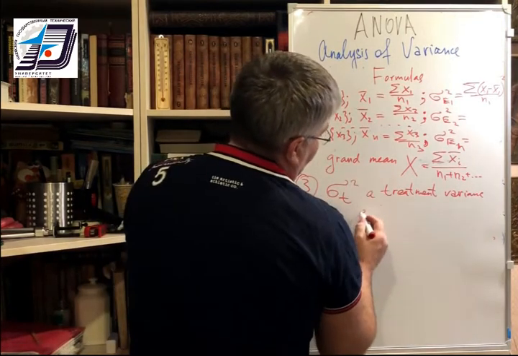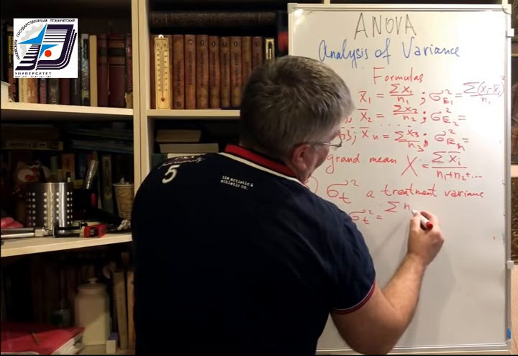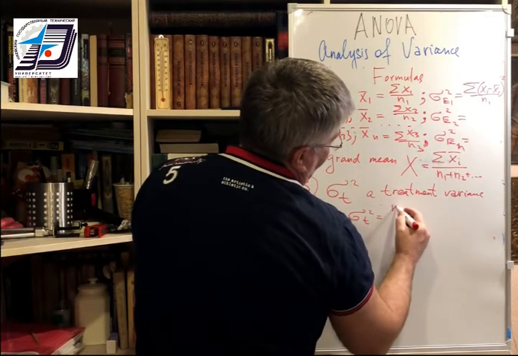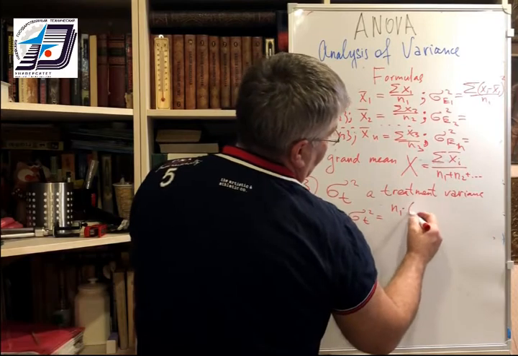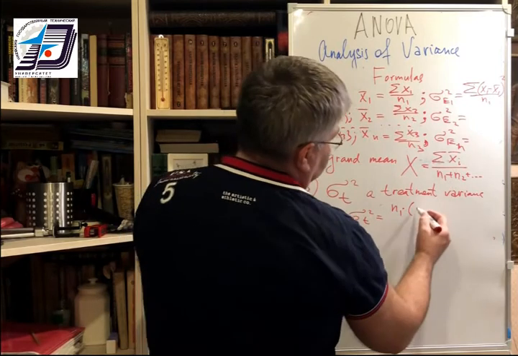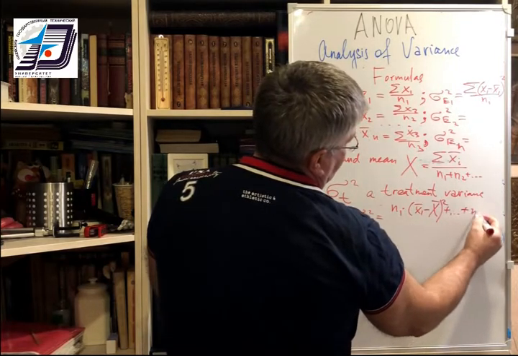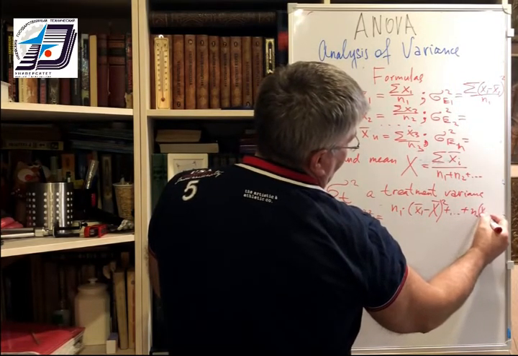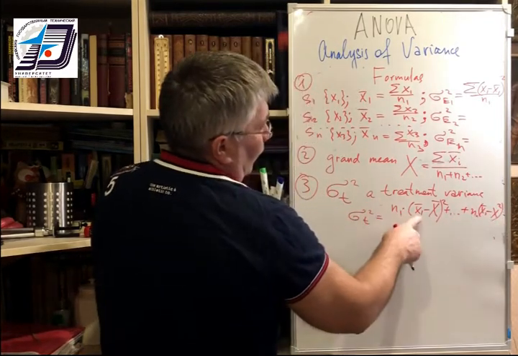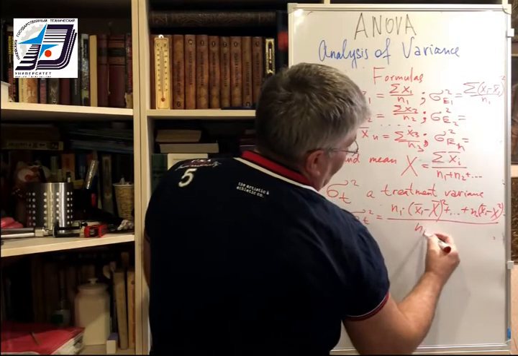To calculate it, you have to make n1 times, and so you have to add all deviations of group means from the grand mean and sum them all here.